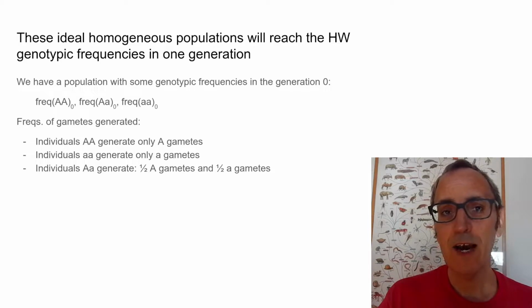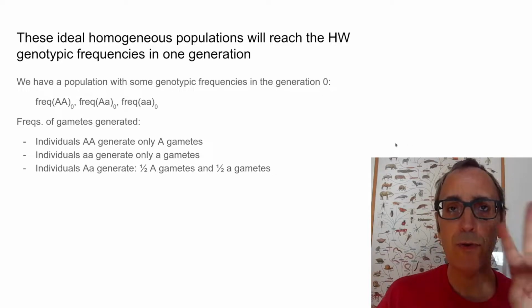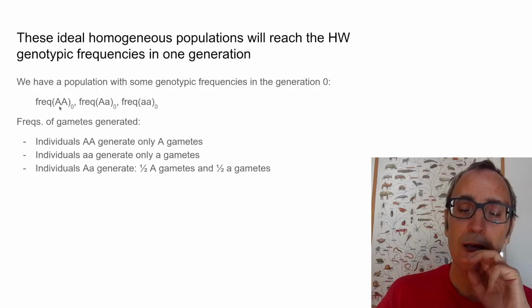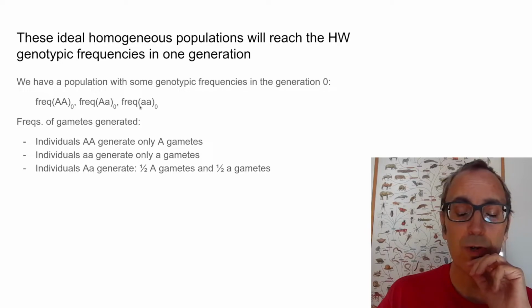Imagine that we have a population in which we have three possible genotypes: capital A capital A, capital A lower a, and lower a lower a. These are the frequencies of the population at any point of time. Okay, we start with these genotypic frequencies.